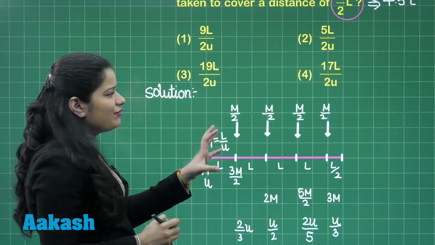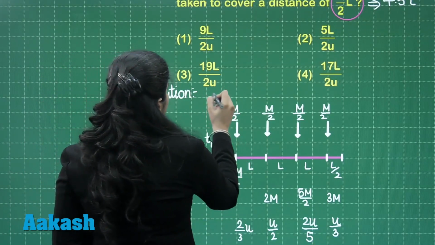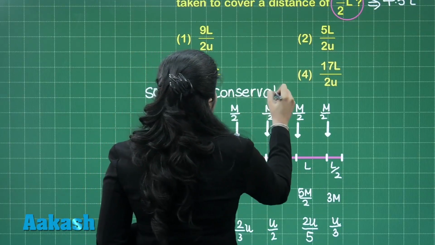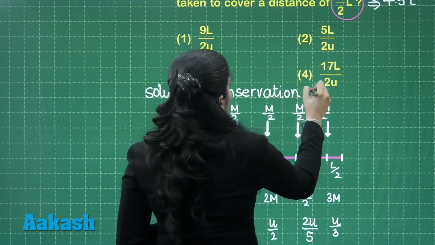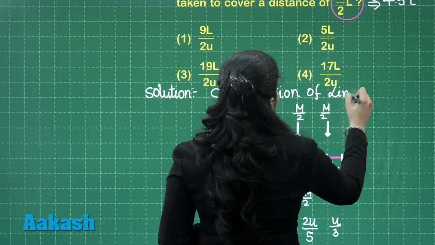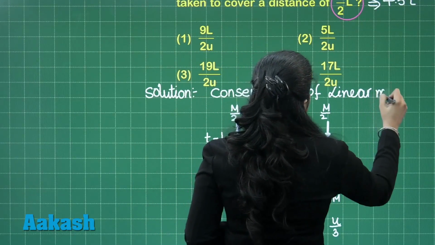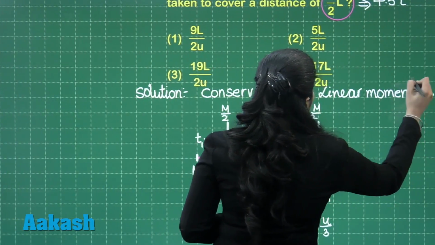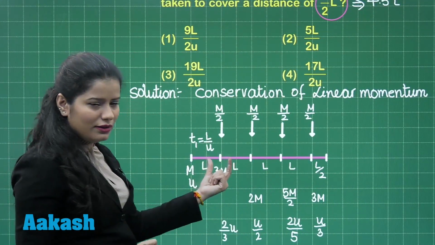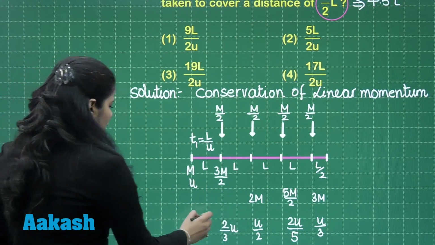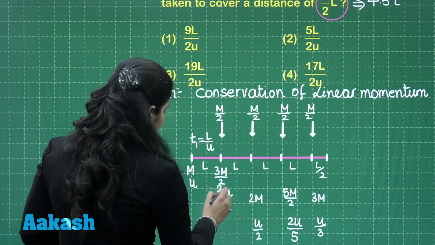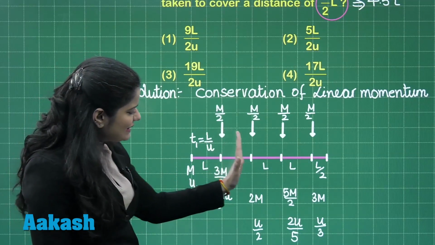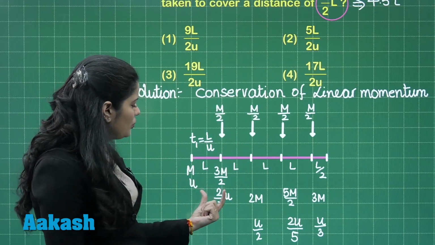So at every step we are going to apply conservation of linear momentum. By applying it here, I will get that the speed with which this cart is going to travel the next L distance will be 2u by 3.